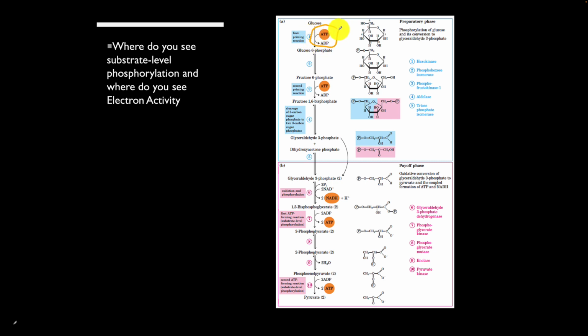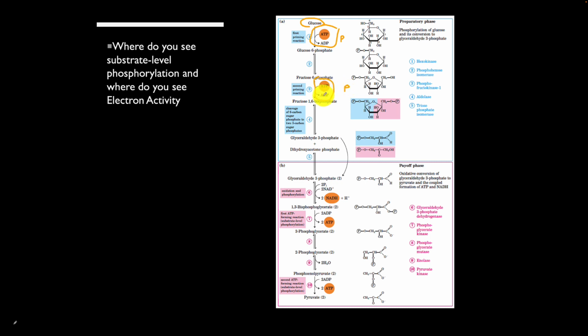So here, right, we lose a phosphate. Okay, well, that's not really generating energy, right? We're talking about where do we get energy generated at a substrate level? And glucose is a substrate, right? So that's what this is referring to. Well, when glucose moves down and gets processed, we have another ATP right here getting turned into ADP. So at a substrate level, we are losing energy right now, right?